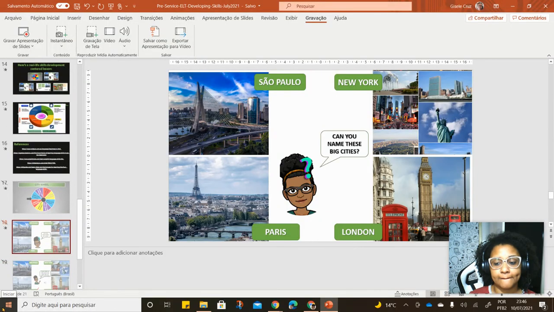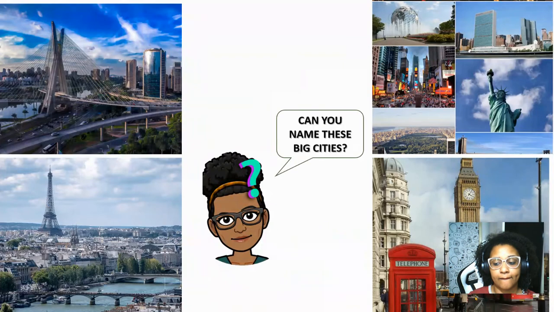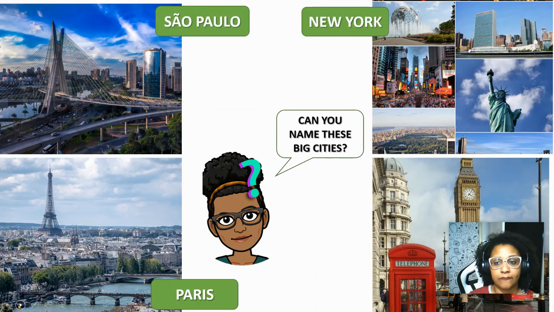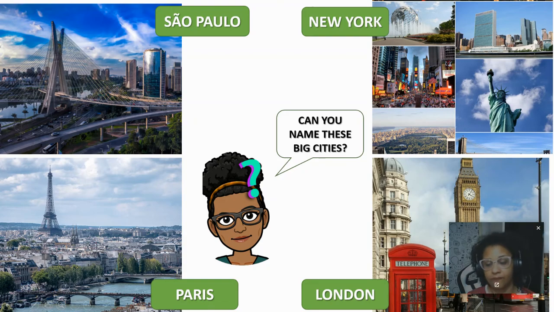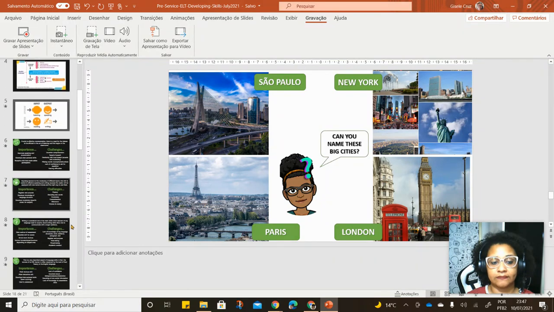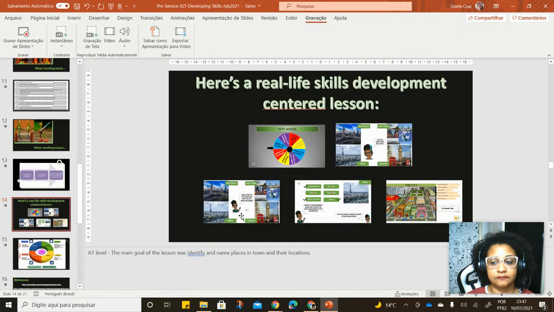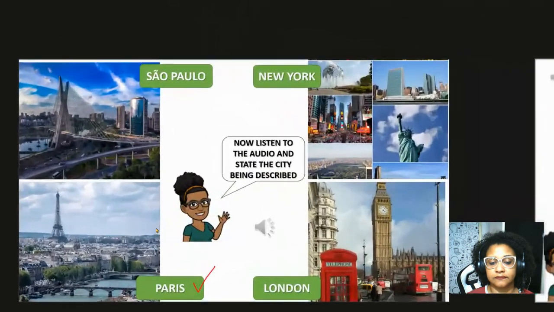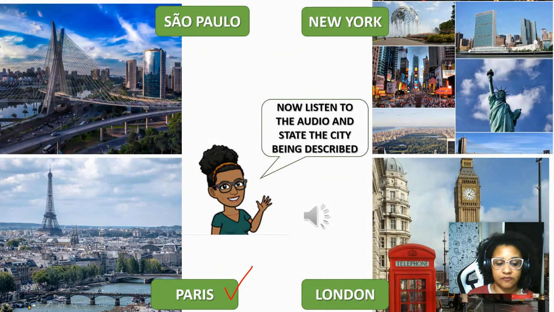And then next, they were going to listen to an audio file where they should identify what city is being described. In the case of this audio file, it is Paris.